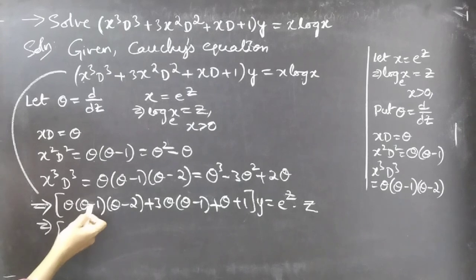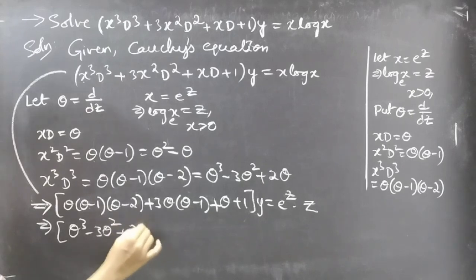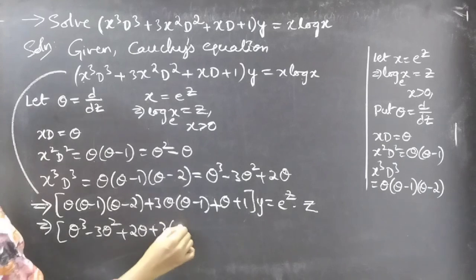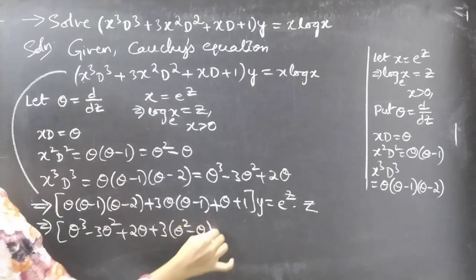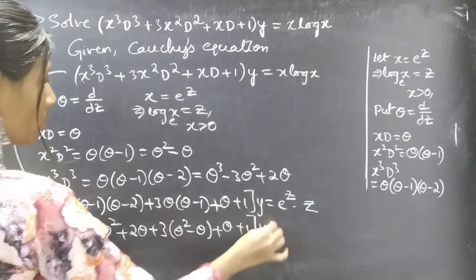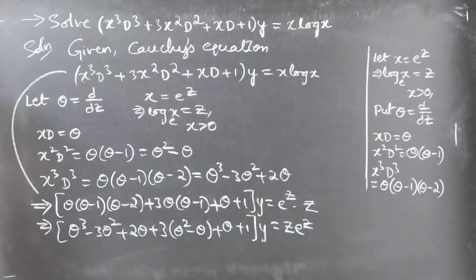We have theta of theta minus 1 into theta minus 2 is theta cube minus 3 theta square plus 2 theta, plus 3 into theta of theta minus 1 is theta square minus theta, plus theta plus 1, into y equal to z into e power z, right?